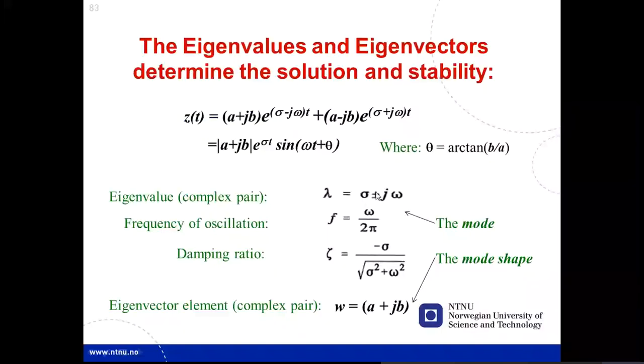Then from the complex eigenvalues we get the information about the oscillating frequency, and then we get the property that is the damping ratio, which is defined like this. And from the complex eigenvector pair, the real part and the imaginary part define the mode shape.